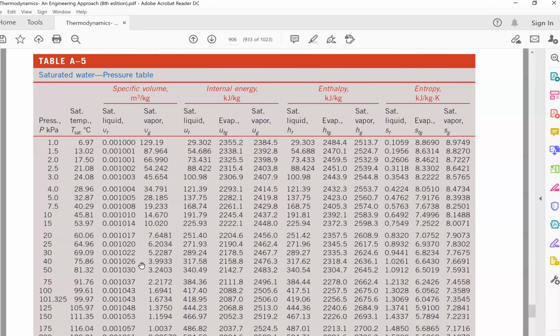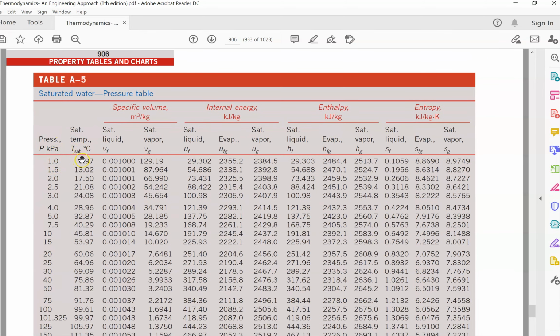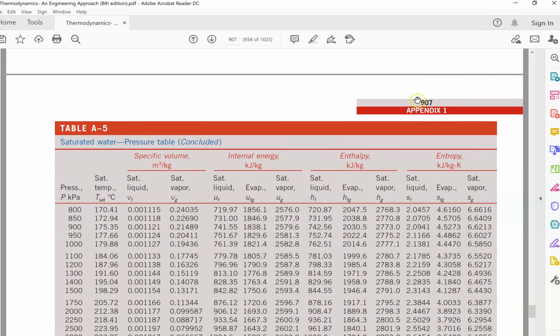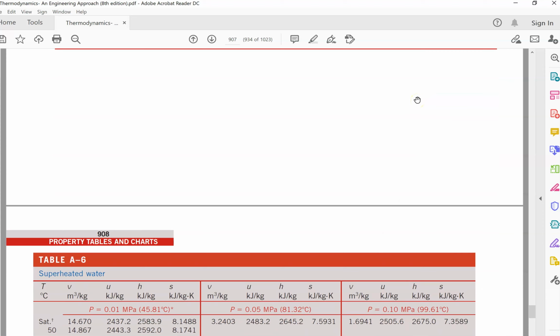Look at Table A5. Just now it was T sat, right? Now it is P. P is constant. This column is constant, and then the corresponding T sat. Then we have the same things: specific volume, internal energy, enthalpy, entropy, and so on. So this is Table A5. So I've explained to you Tables A4 and A5.